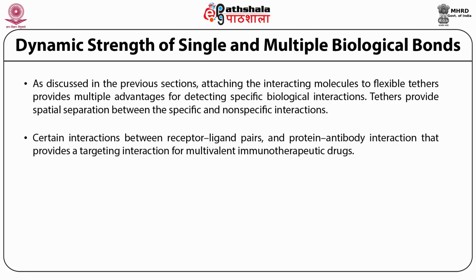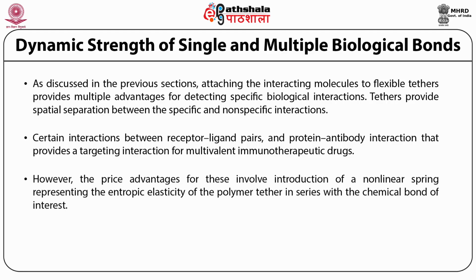Certain interactions between receptor-ligand pairs and protein-antibody interactions provide a target for multivalent immunotherapeutic drugs. However, the price of these advantages involves the introduction of a nonlinear spring representing the entropic elasticity of the polymer tether in series with the chemical bond of interest.